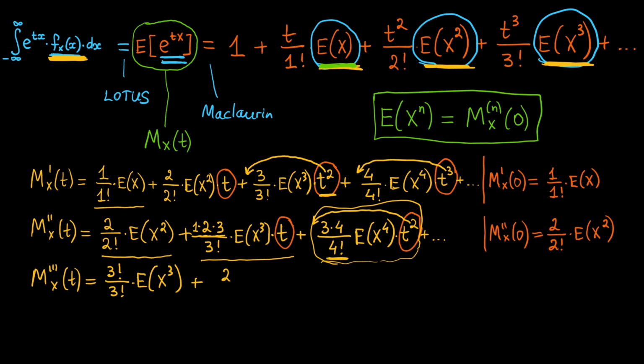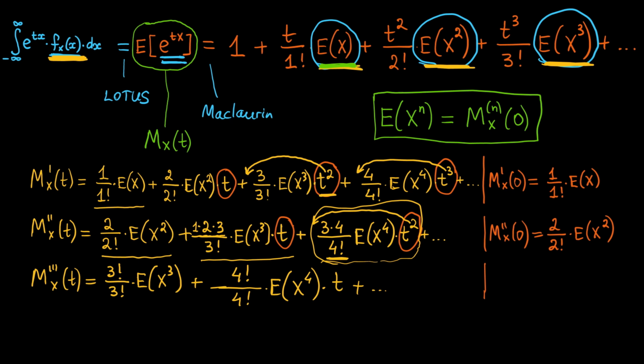We have a 2 joining the 3 and the 4 in the numerator over 4 factorial. Might as well put a 1 in the numerator there. So effectively then in the numerator we have 4 factorial.